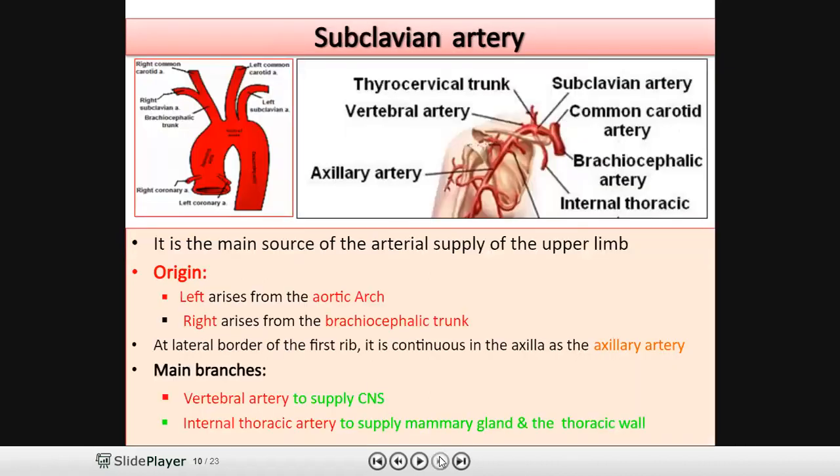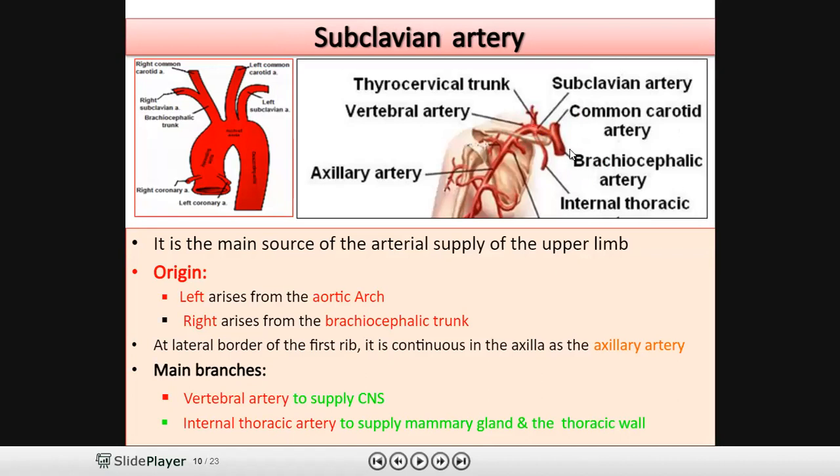Okay. Now, there is another branch, which is called the subclavian artery. If you look at this diagram here, you notice that this brachiocephalic artery gave rise to the common carotid artery and the subclavian artery.